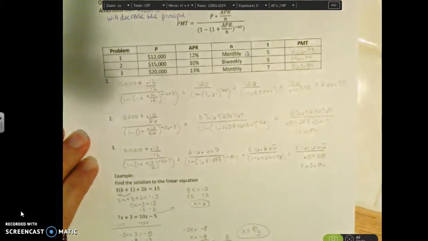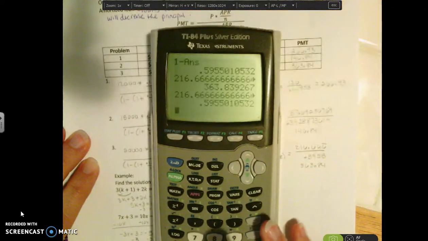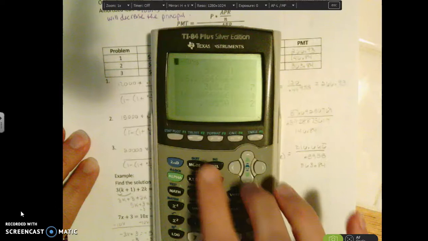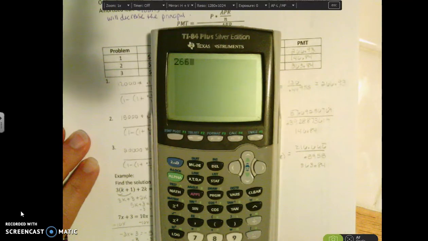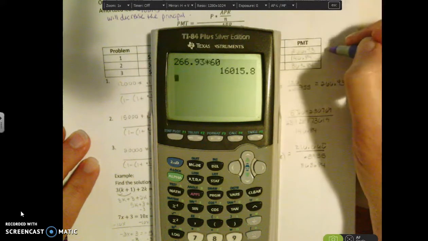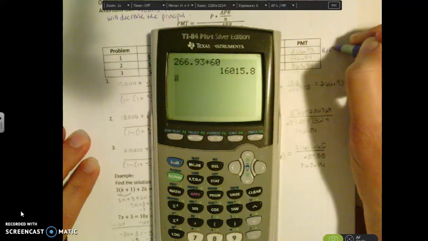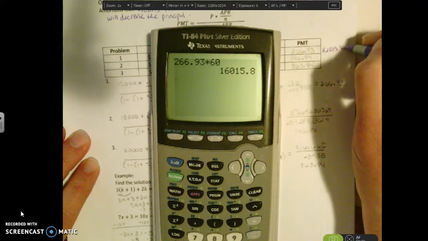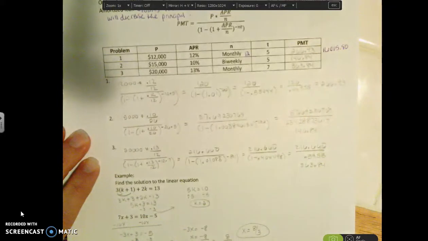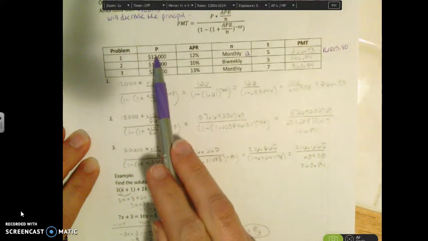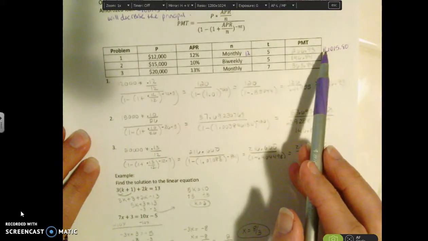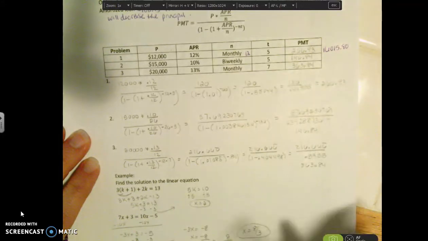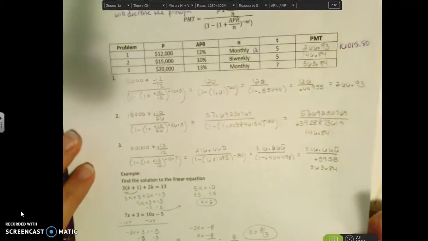If I wanted to find out, I could take that $266.93 and multiply it by 60 payments. So that means I'm actually paying back $15,015.80. Well, I only borrowed $12,000, so that tells me that I'm paying about $4,000 in interest. So that's something to think about as we progress.